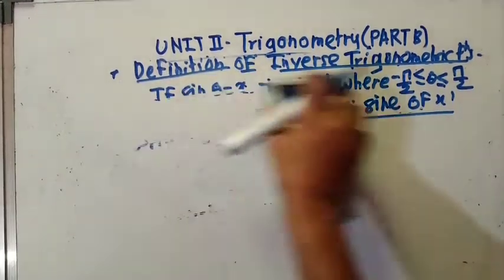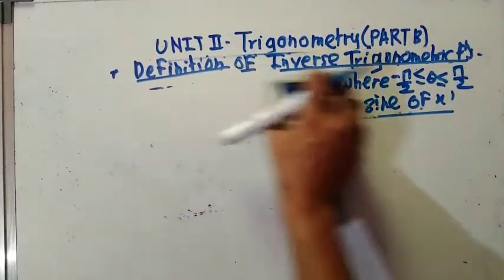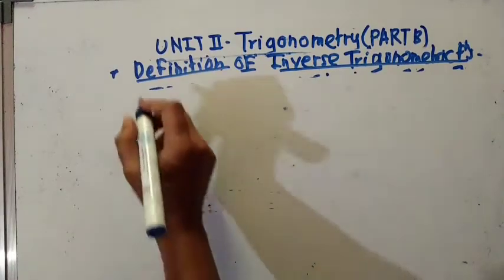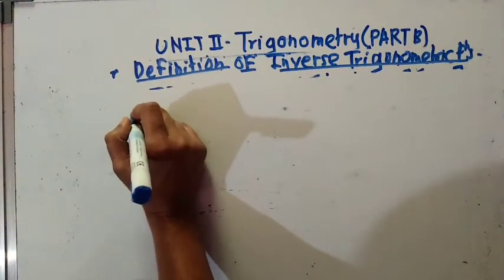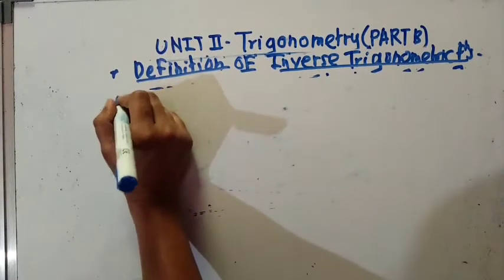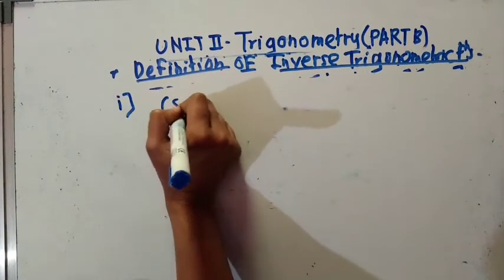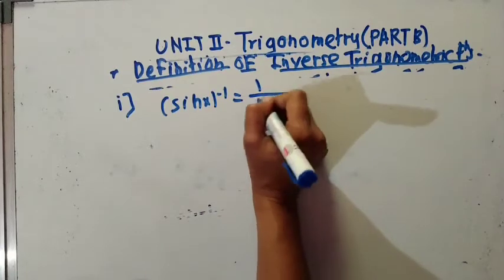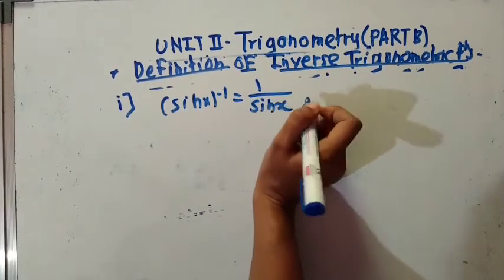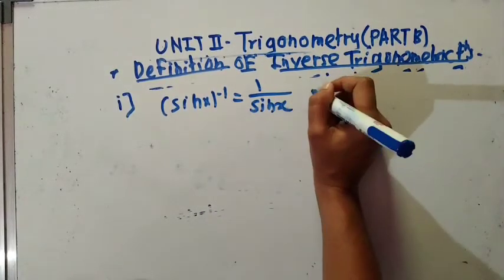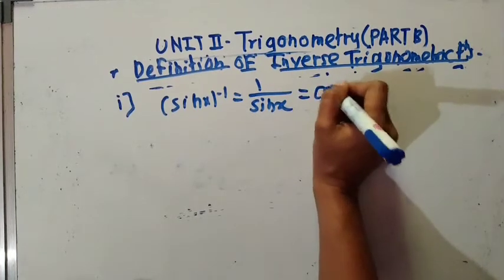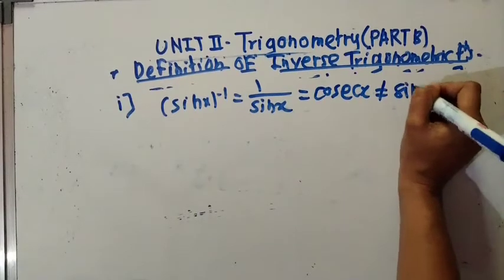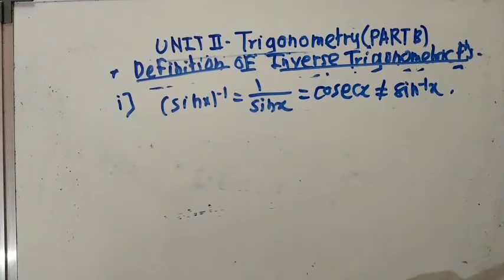The first note is that sin x inverse, that is, 1 upon sin x, is equal to cosec x, which is not equal to sin inverse of x.